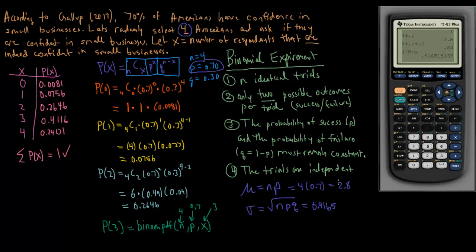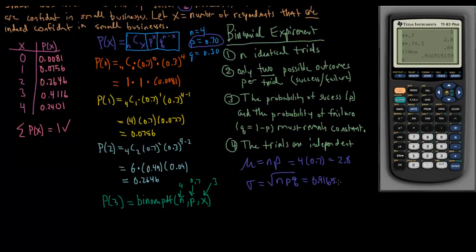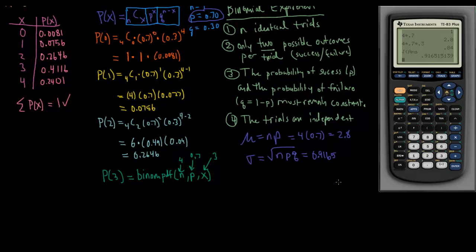Okay, let's see. Last couple things. Let's ask a question or two. Let's scroll down, just give us a little more room so we can still see our distribution. Let's find the probability, because this is stuff like you would see on a homework, quiz or test.